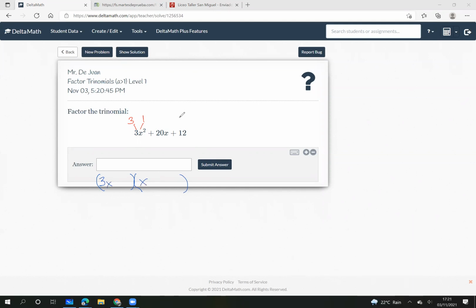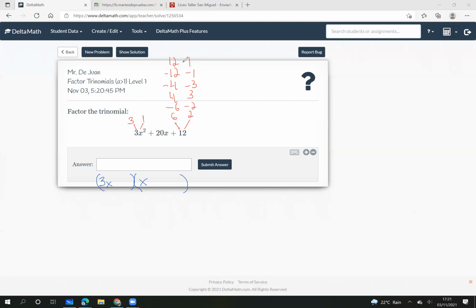Now I need to list the options for 12. What two numbers will multiply to make 12? Well, I know that 6 times 2, negative 6 and negative 2, 4 times 3, negative 4 and negative 3, negative 12 and negative 1, because negative times negative is positive, 12 and 1.